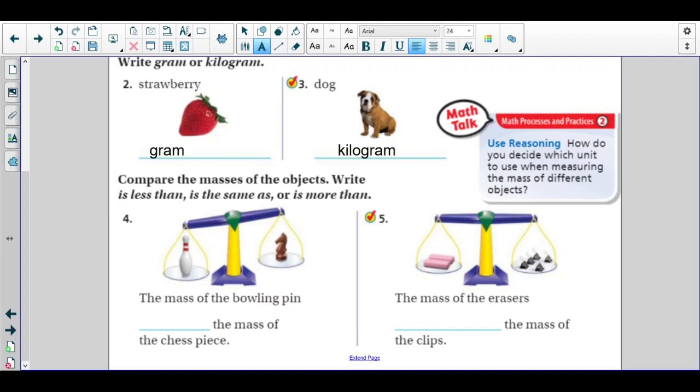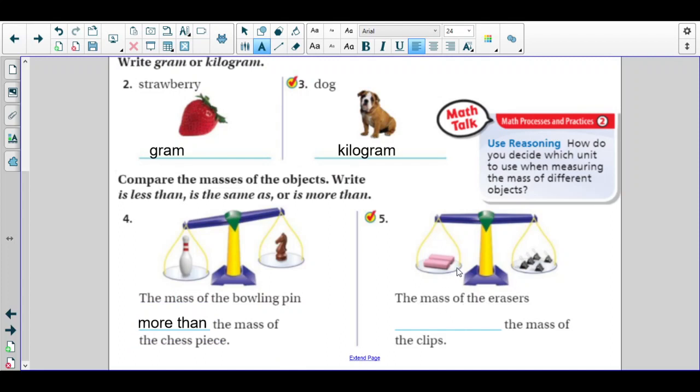That means that the mass of the bowling pin is more than the mass or the weight of the chess piece.